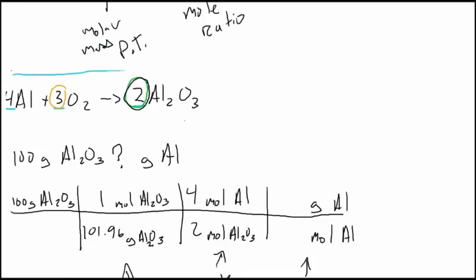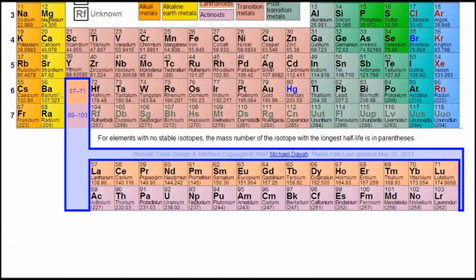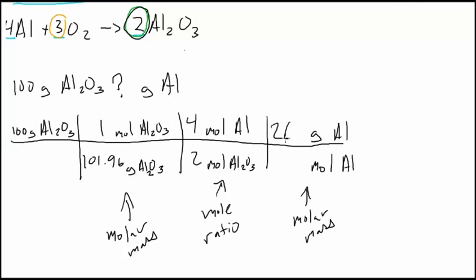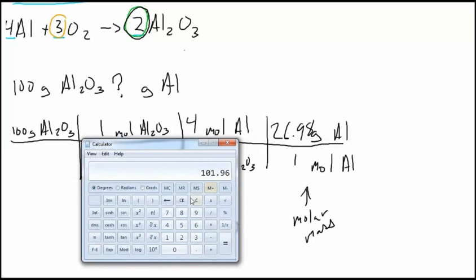We were just looking at that, and so aluminum is 26.98. So we're going to take 100, divide it by 101.96 times 4 divided by 2 times 26.98, and we're going to need the calculator again to do that.